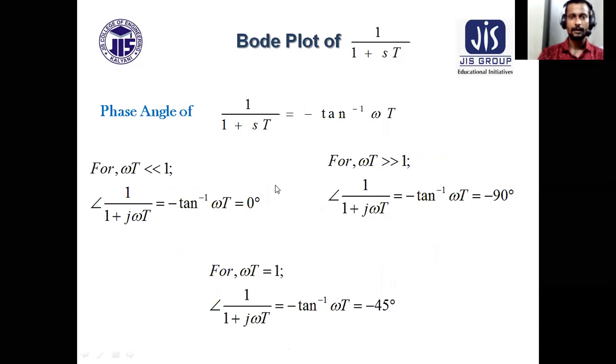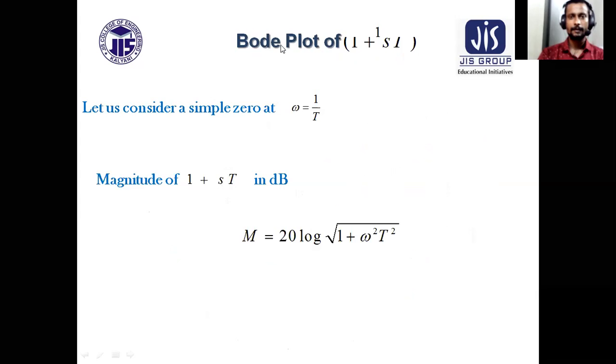Now let us discuss the Bode plot of the 1 plus st term, that is a simple zero term. The magnitude of 1 plus st will be similar.